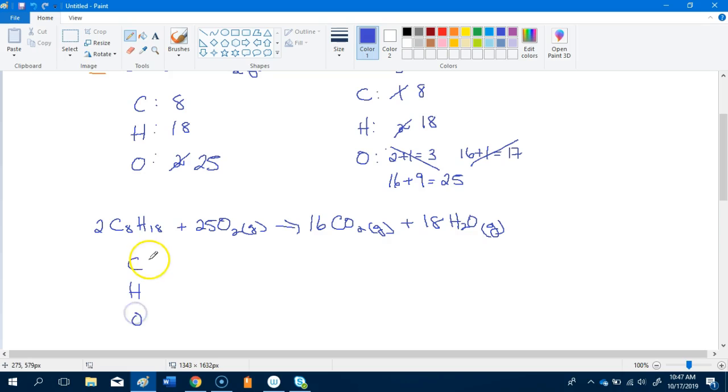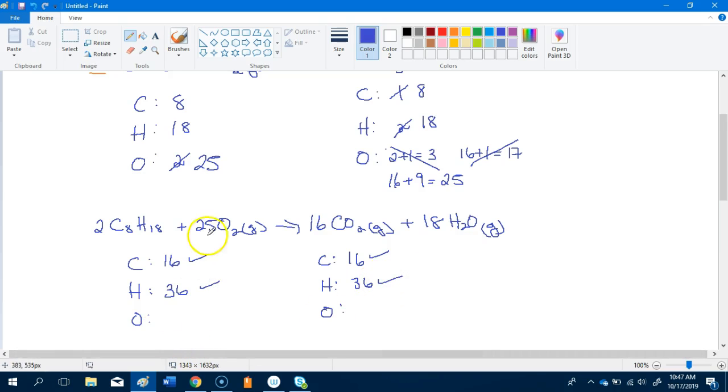So I'm going to count up my atoms on the reactant side and the product side, and hopefully they match now. So 2 times 8 carbon is 16, and 16 times 1 gives me 16 carbons on both sides. My hydrogens, 2 times 18 gives me 36 hydrogens on this side, and then 18 times 2 here also gives me 36 hydrogens on this side.